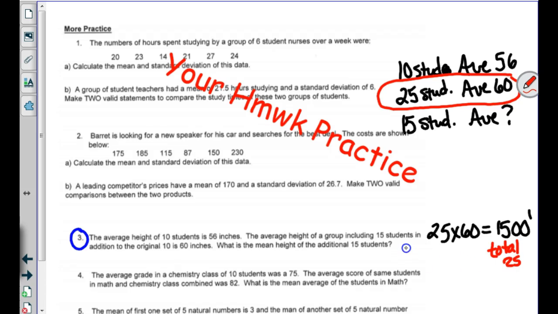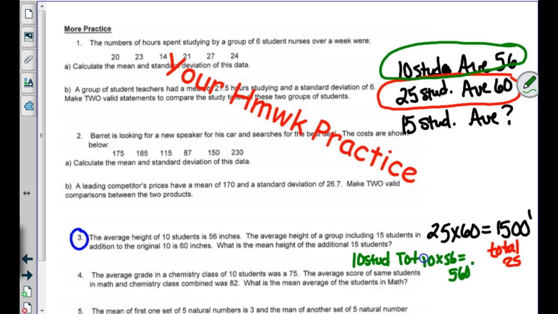What do we want to do then? Okay, so the 10 students had a total of 10 times 56, or 560 inches. And we're trying to figure out the average of the other 15.